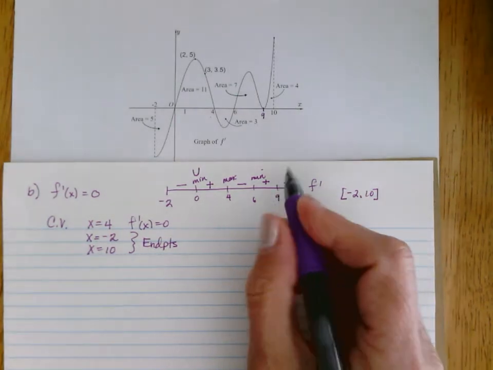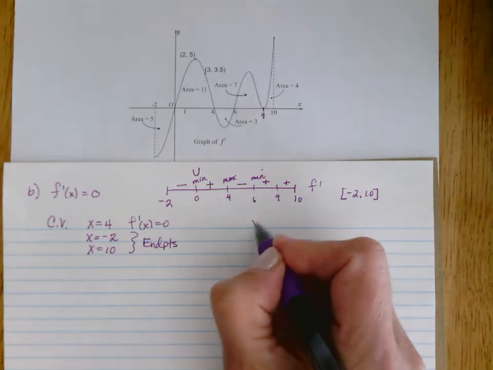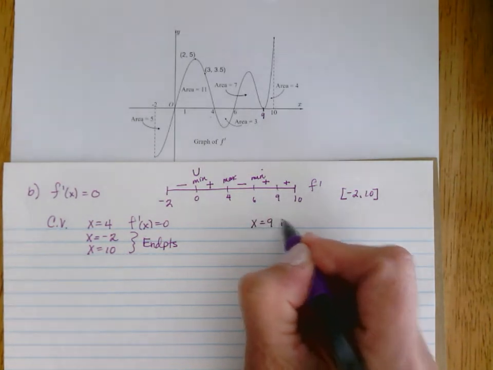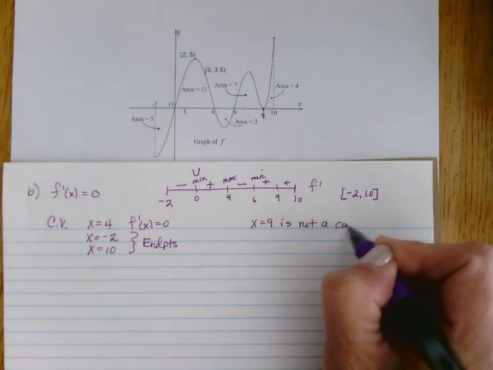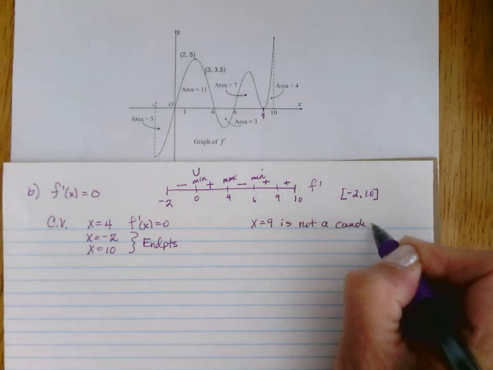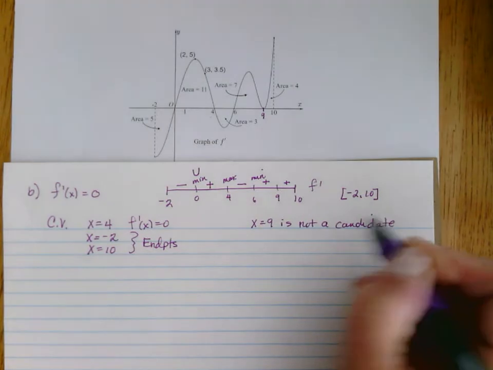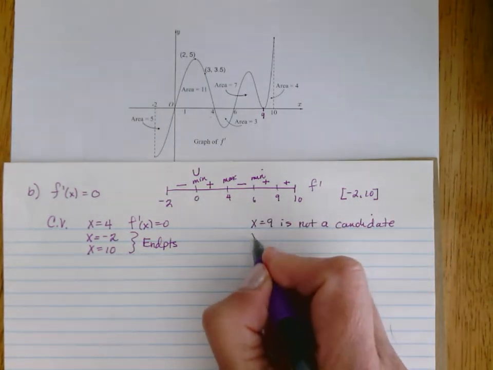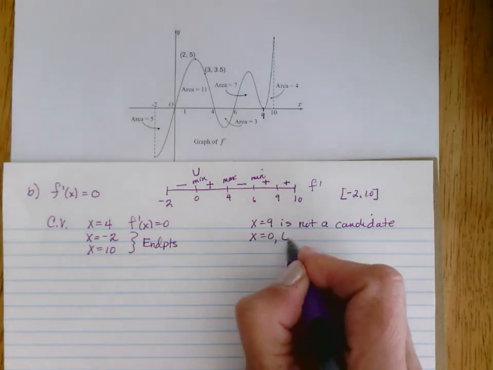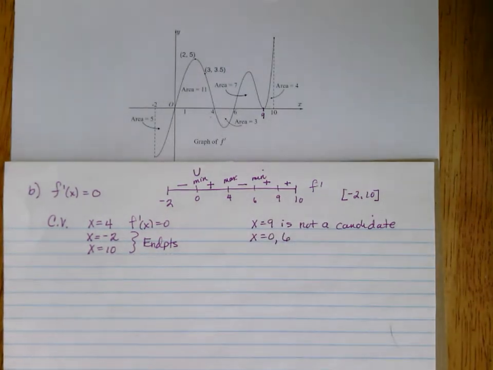Okay, and you need to show or state that x equals 9 is not a candidate, and likewise, neither is 0 and 6. So you might want to state that.